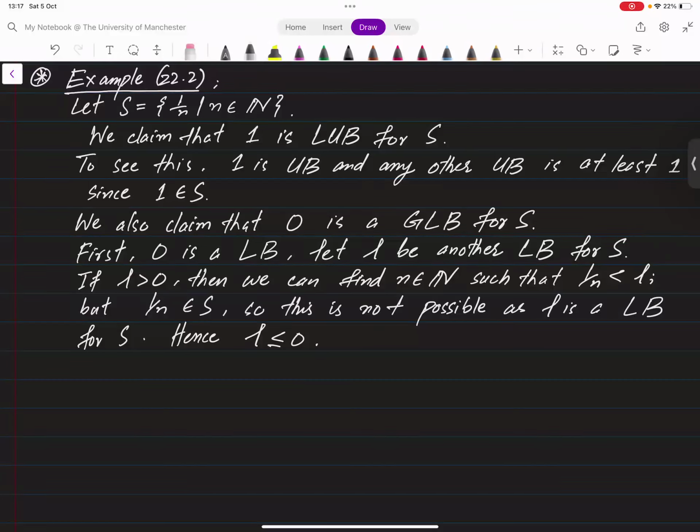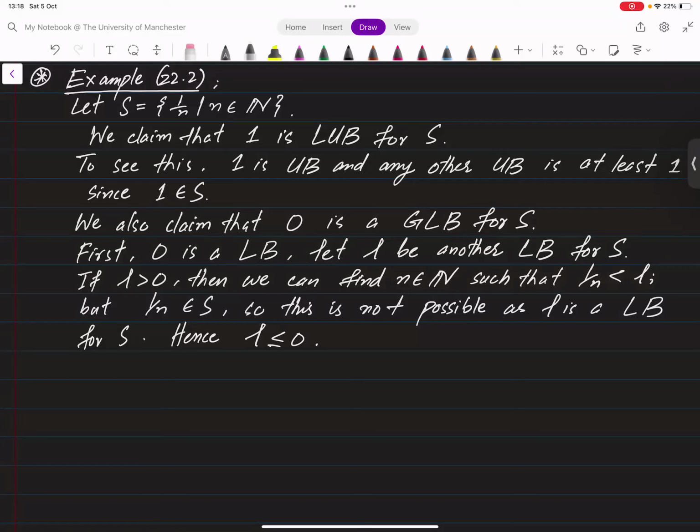Now, it is an absolutely fundamental property of real numbers that every set which has an upper bound also has a least upper bound. We won't prove this here. It relies on a rigorous construction of the real numbers, which we have not done.